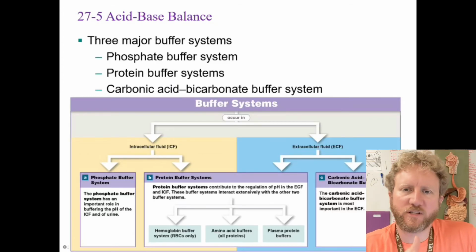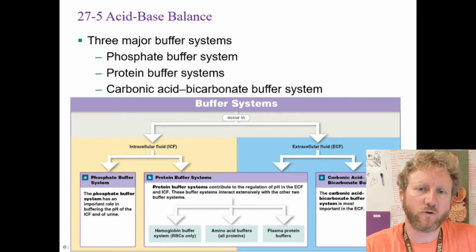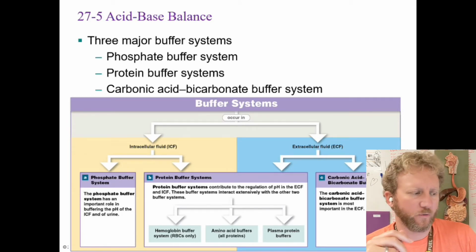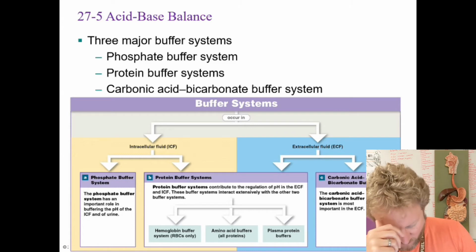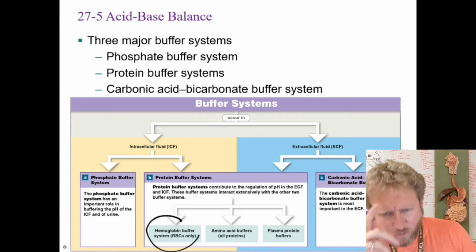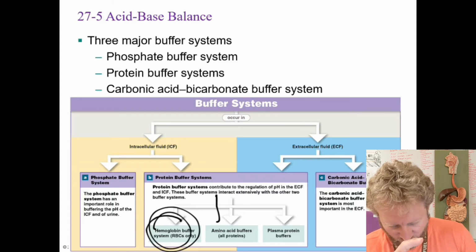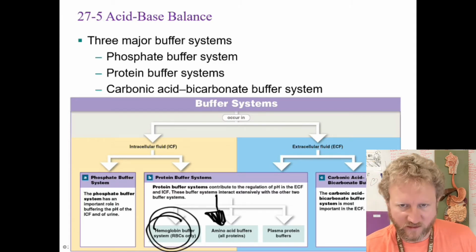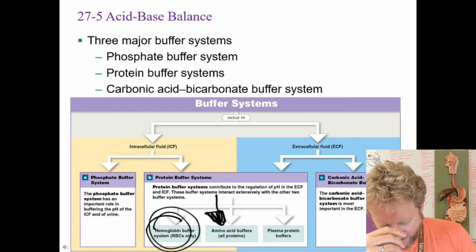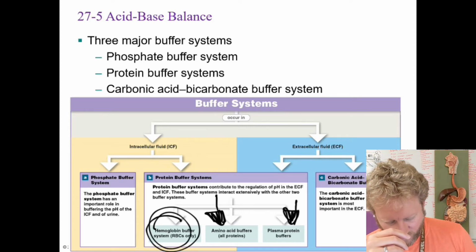Okay, another protein buffer system within this, besides the general protein with the R group thing, is the hemoglobin buffer system. Before I get into that, I would like to say that the one I just talked about is the amino acid buffer system. I know I'm kind of all over the place. You can also see that with the plasma protein one.